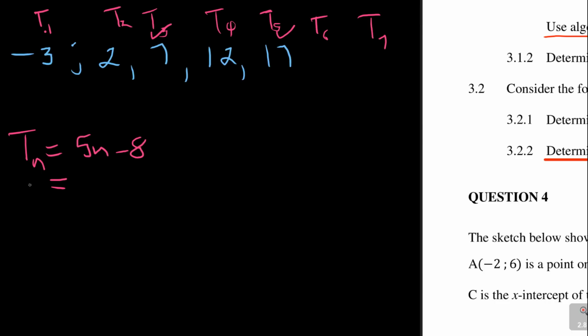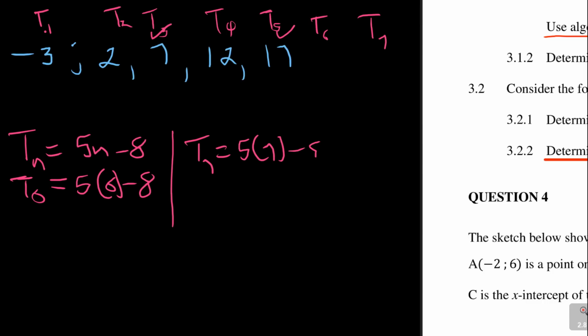Now let's come to T6. It's 5 times 6 minus 8. Let's come to T7, which is equal to 5 times 7 minus 8. I'm going to use a calculator for both of them.